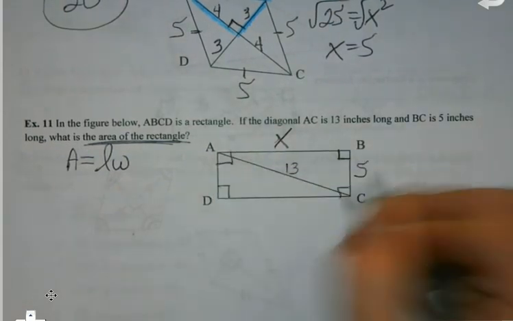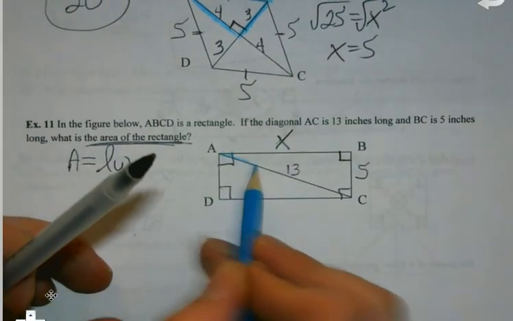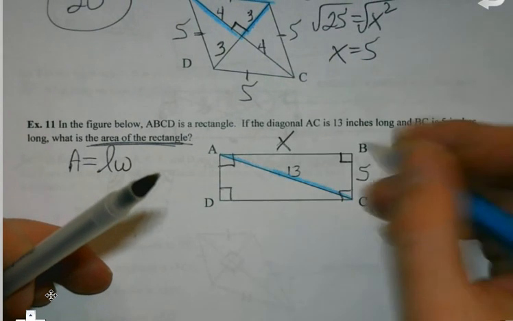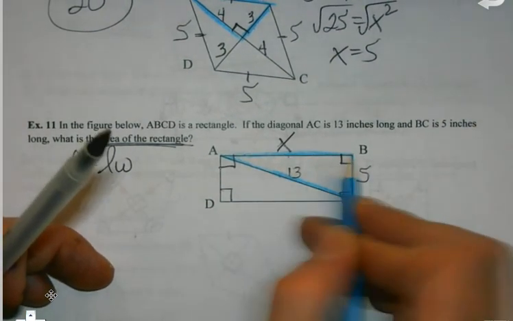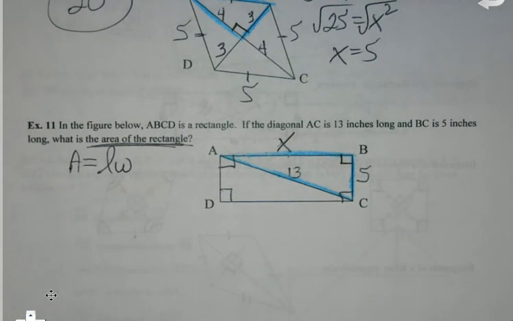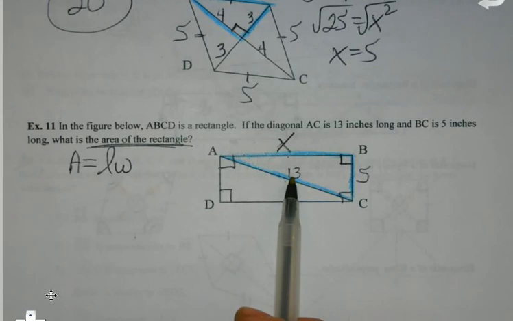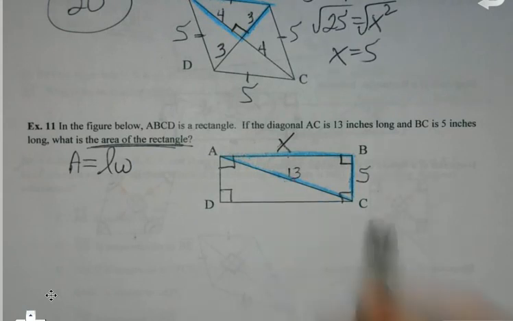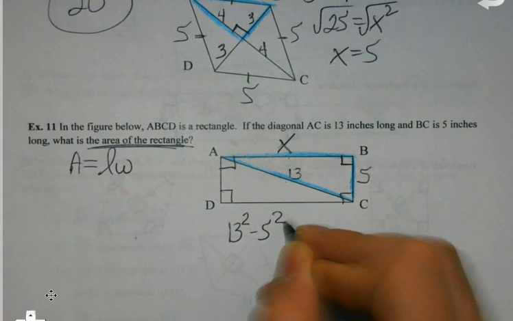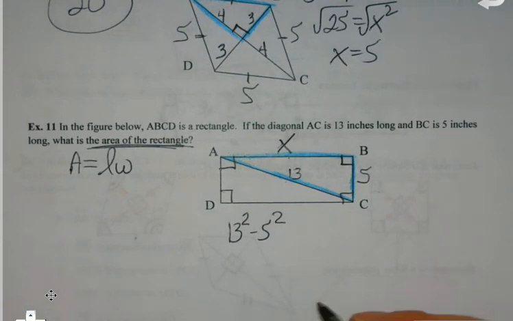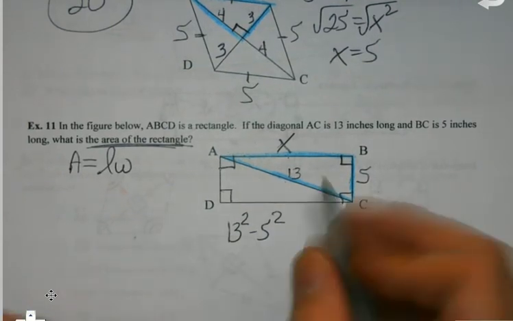Rectangles have 4 right angles. Never guess we're going to have to use again. Okay, we've got the Pythagorean Theorem, but this time I have the hypotenuse. Right. Hypotenuse squared minus side squared. Now, if some of you still want to do 5 squared plus x squared equals 13 squared, that's fine.